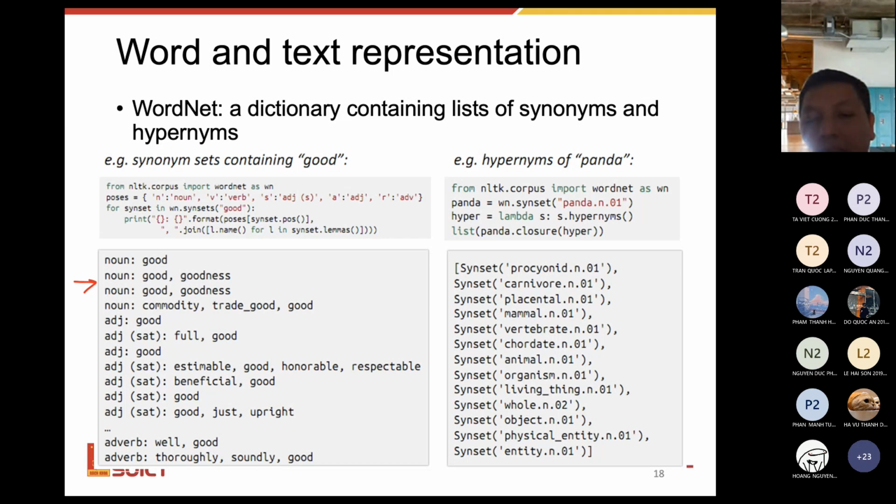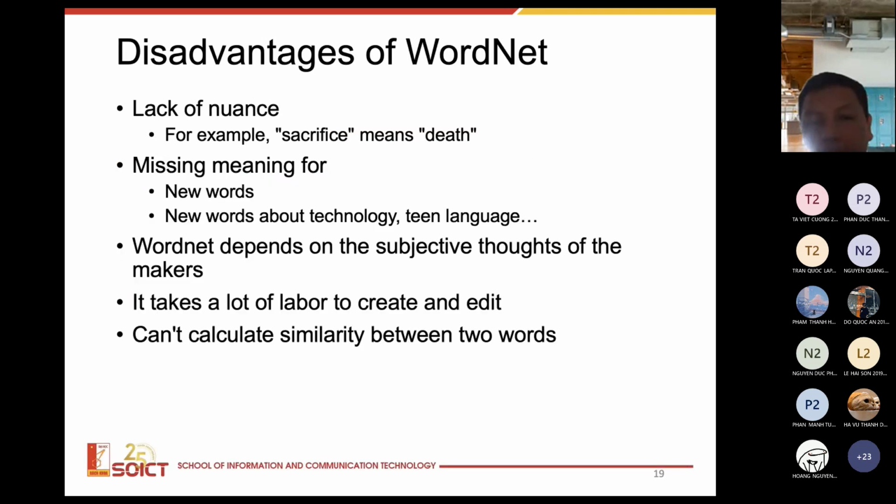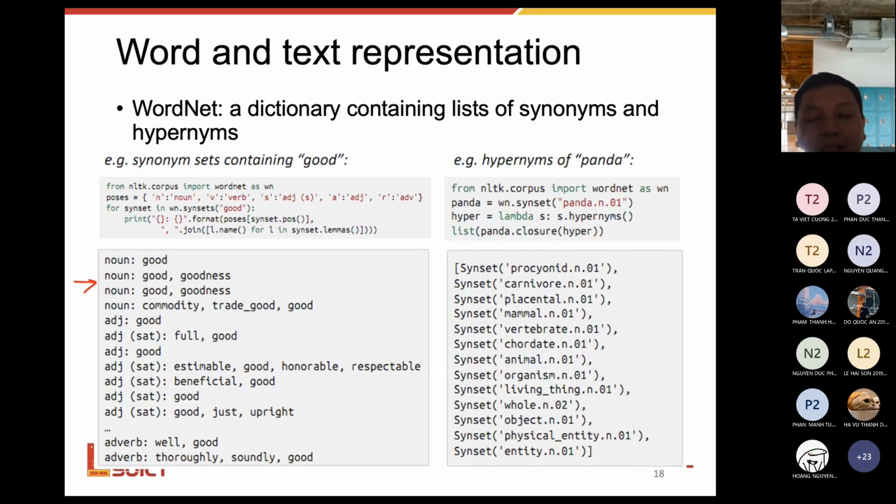The hypernyms of panda could be mammal, animal, organism, living thing, whole object, entity, whatever, right? So WordNet has some functionality, as we see in the demonstration here. You can find the word and synonyms and its hypernyms, right?